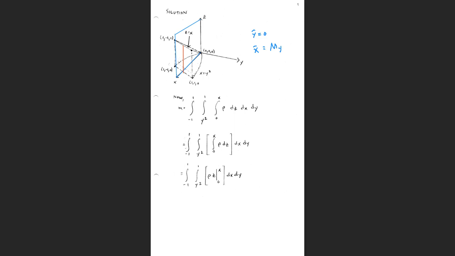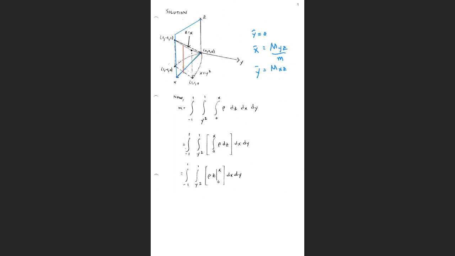That means we have to find the moment about the yz plane and divide by the mass that we just found. And then z bar would be the moment about the xy plane divided by the mass.